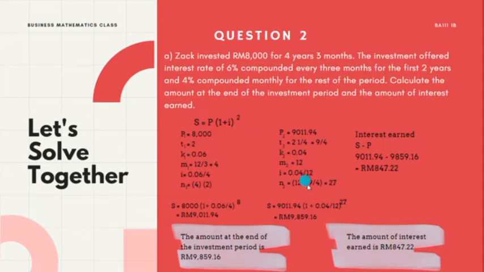At the end of the calculation, we got RM9,859.60. While for the interest earned, since we already have S and P, we just use the formula S minus P, and the total is RM847.22.